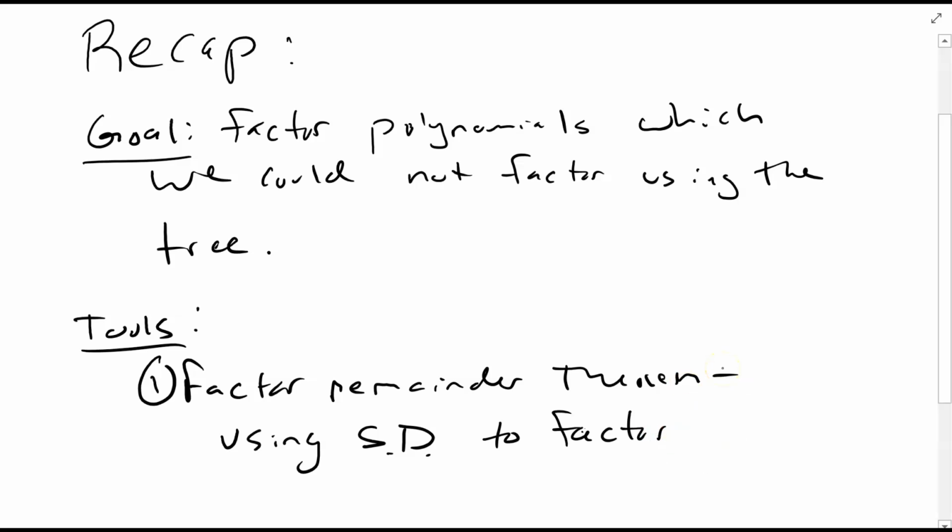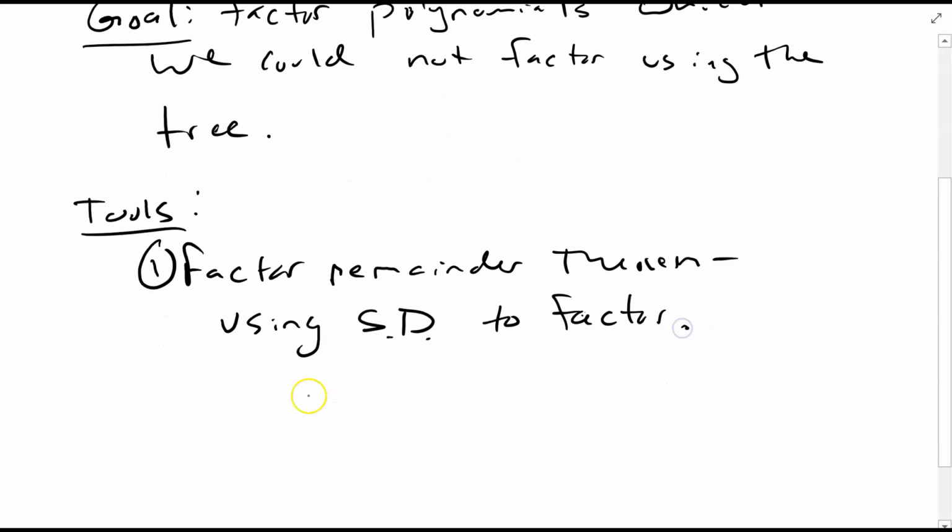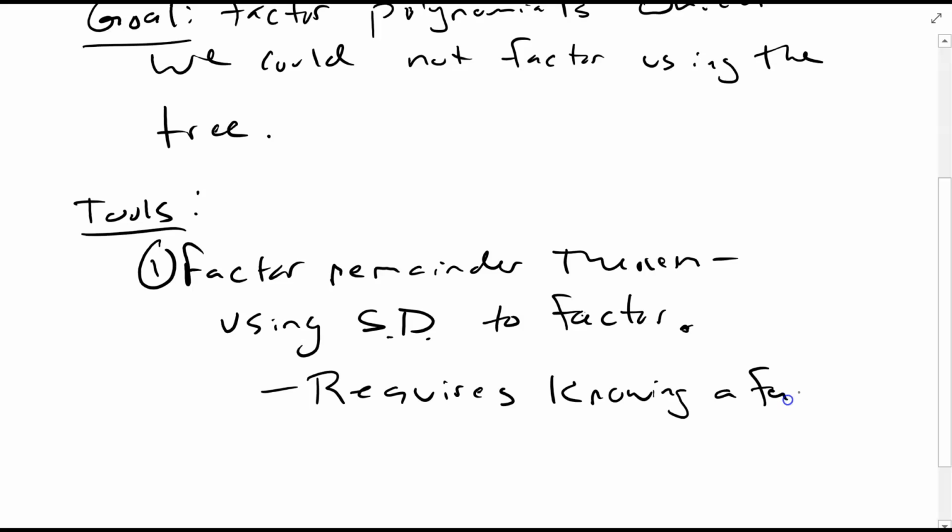So if I know one factor, I can use synthetic division to factor the polynomial into that one factor and whatever the quotient is, right? But I have to know one of the factors to be able to take advantage of this. So the drawback there is that it requires knowing a factor to get started.